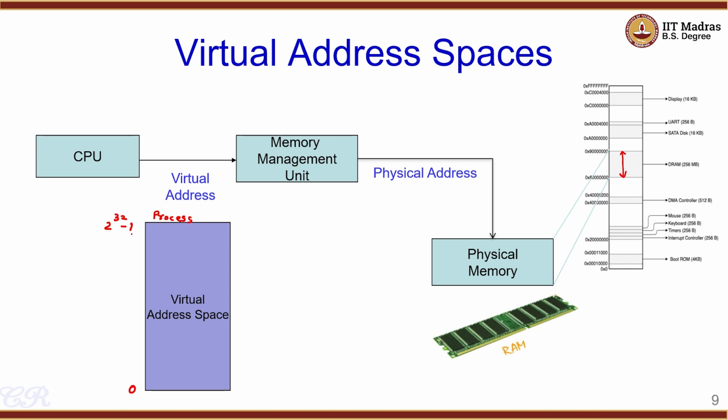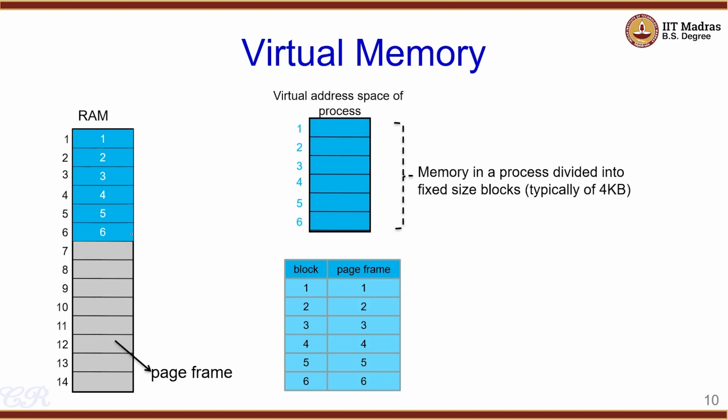So let us get a bit deeper into how this works, right. In this concept of virtual address space, my entire process is divided into fixed size blocks known as pages, typically of 4 kilobytes, right.